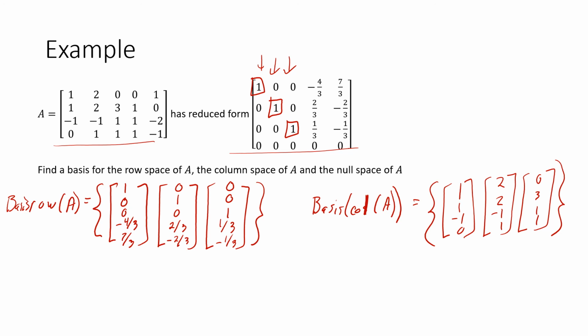Now that leaves the null space. So for the null space, we're going to give each of these columns a variable. Because remember, this isn't an augmented matrix. This is just the matrix itself, and we're looking for the null space.